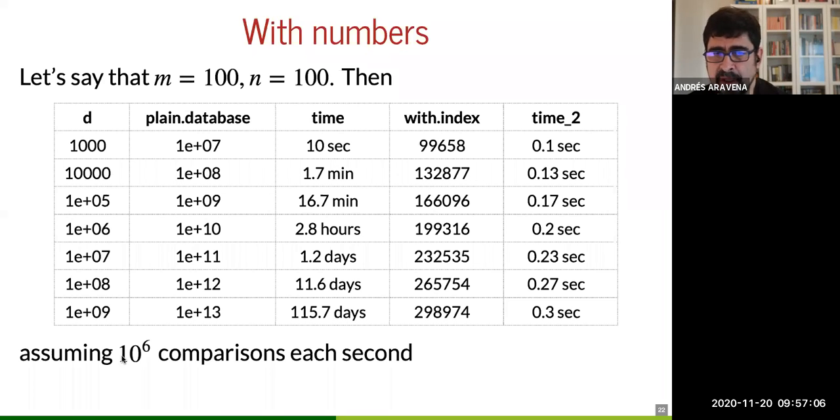Okay? So what happens if you don't have an index? How many comparisons? This is the size of the database: 1,000, 10,000, 100,000, 1 million, and 1,000 million. You can go further, but just to fix the idea.